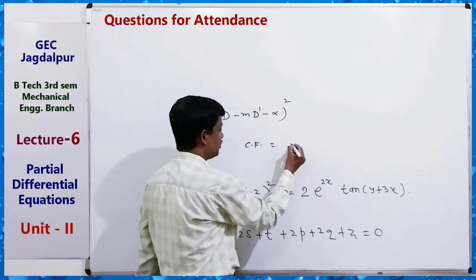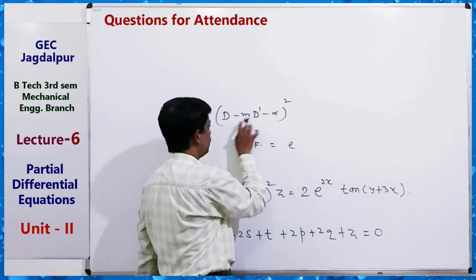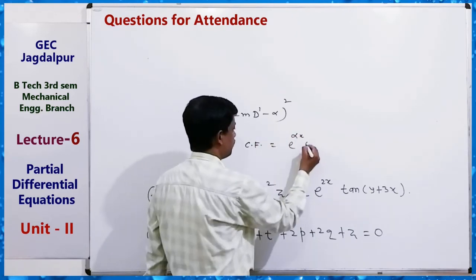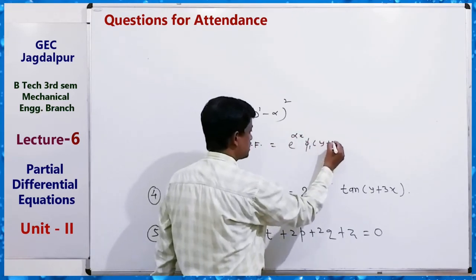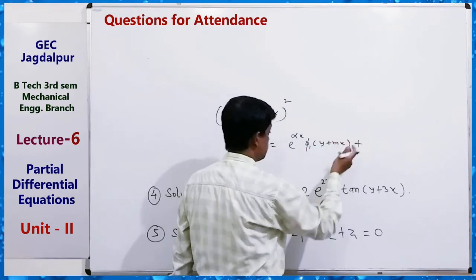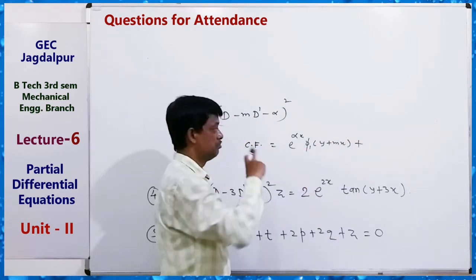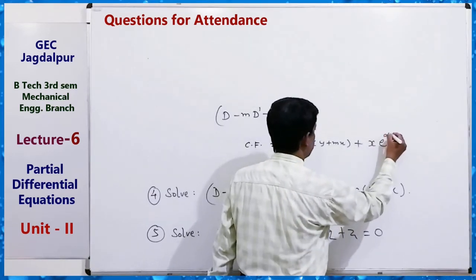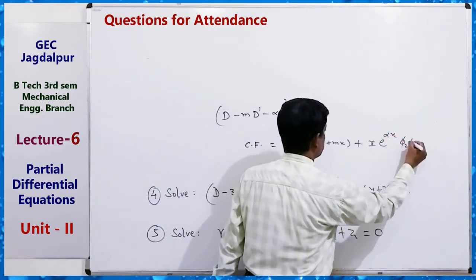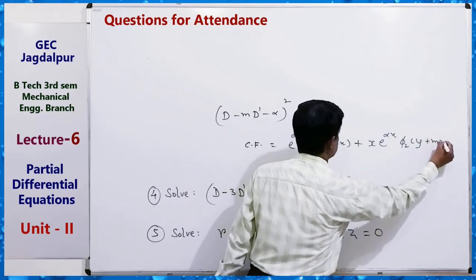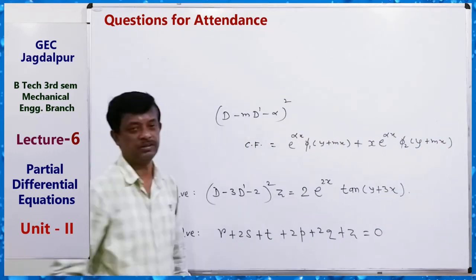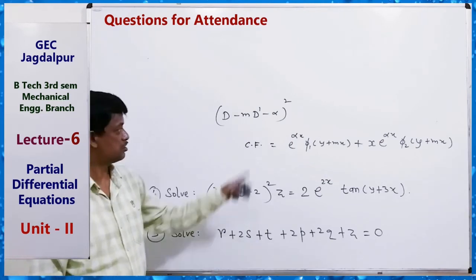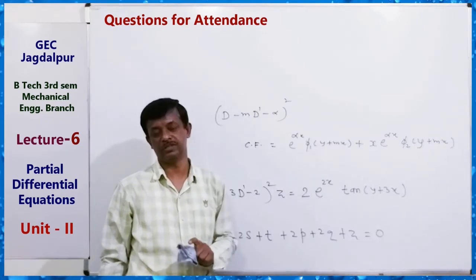So e to the power alpha x, 1 time, phi 1 of y plus mx, because repeating. So x e to the power alpha x, phi 2 of y plus mx, x power 1, repeating. So corresponding to this square, this will be the CF.